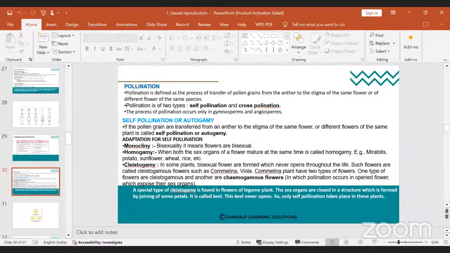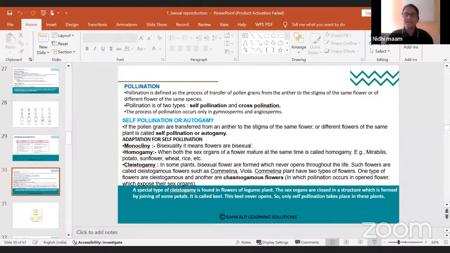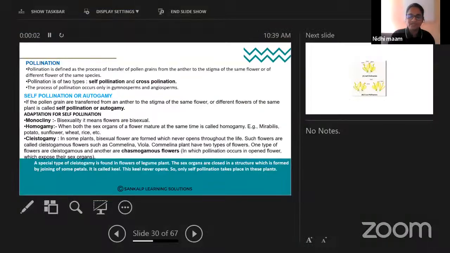Female reproductive part. Very good. So the transfer of pollen grains from the anther to the stigma of the flower is called what? Pollination. Suraya and Yamuna Gowda are answering through the chat box.